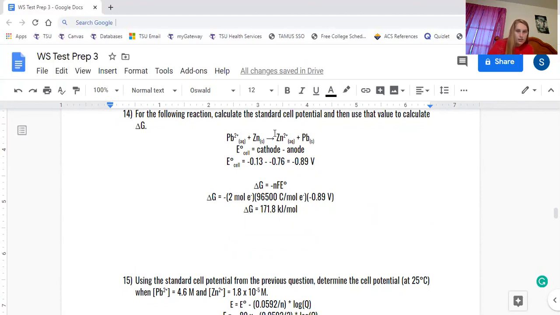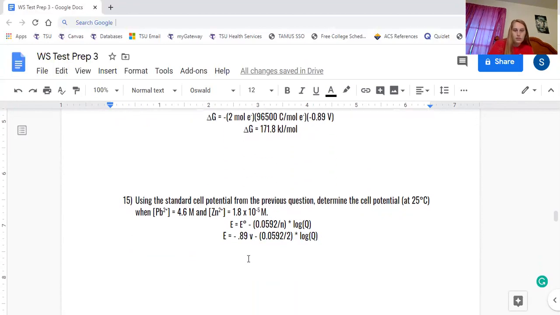They gave us Zn2+ as the product over the Pb2+ reactant, so we put this one over that to find Q. That'll be this one divided by this one, 4.6.